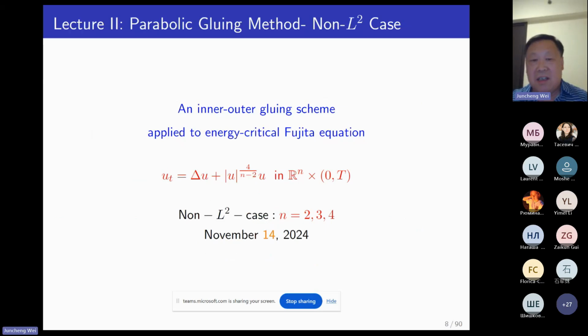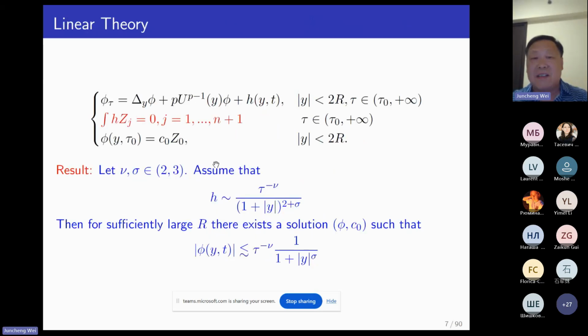So this is the L2 case, because this is the case when n is greater than 5, and we can take a limit. Now, when n equals 3 and 4, this L2 does not make sense anymore. So you cannot take this limit. In that case, you cannot do the estimates, because you simply cannot use the orthogonality condition.